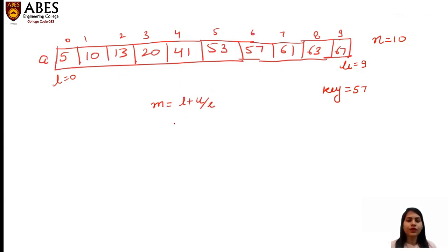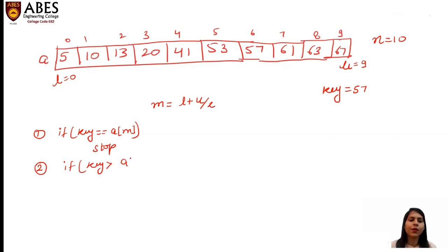Okay. Now, there will be three cases. First, the element we are searching for will be found at the middle position. If the key is equal to the middle element, then we will stop our searching here and return the middle position. The second case is that the key element is greater than the middle element.